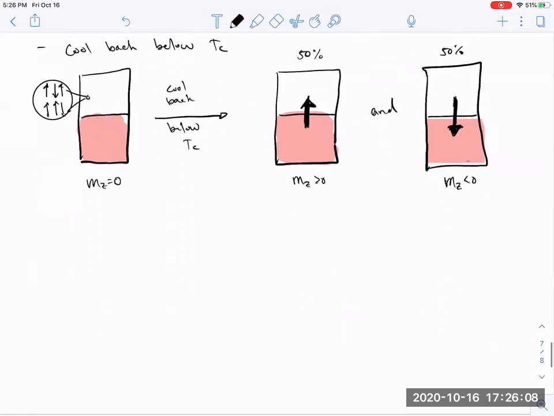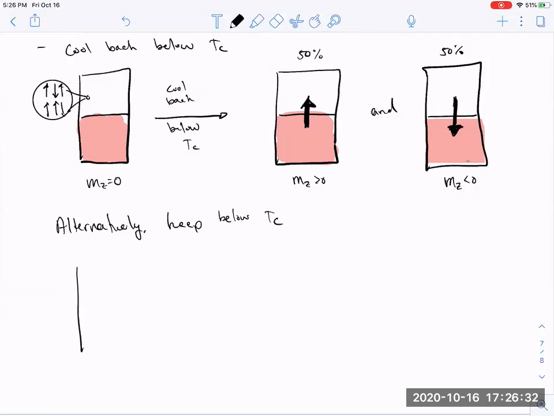Alternatively, if we kept the system below Tc, but manipulated the system by applying a magnetic field.